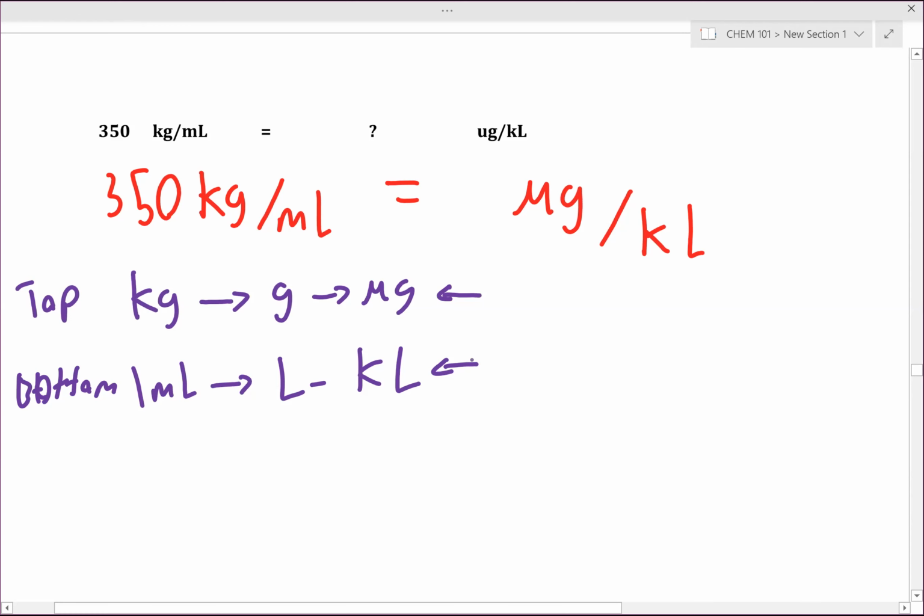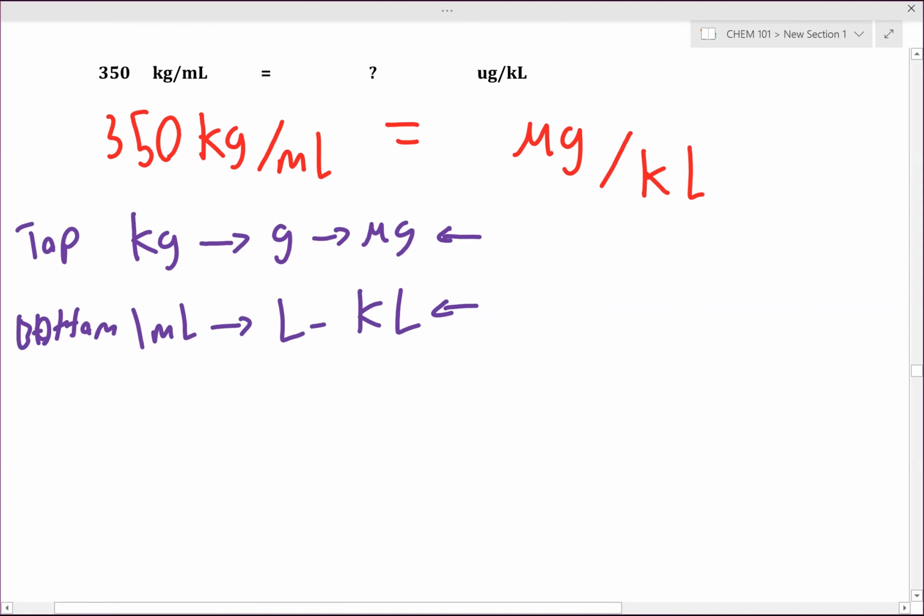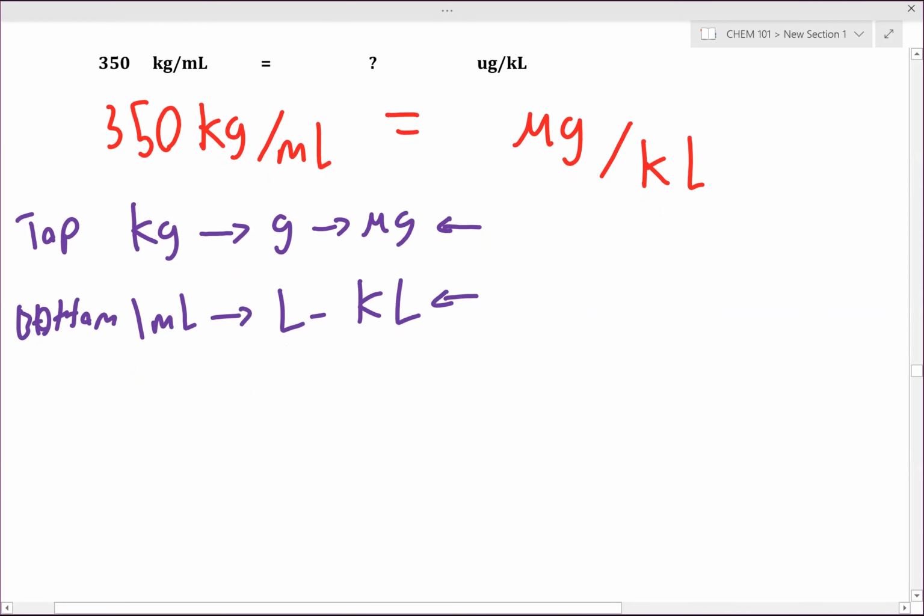Okay, so with that said, let's showcase how to do that. First and foremost, we have starting units of kilogram per milliliter. Okay, perfect. So I can separate this composite unit into kilograms and 1 over milliliters. So what's our end goal for the top? We're going from kilograms to what?